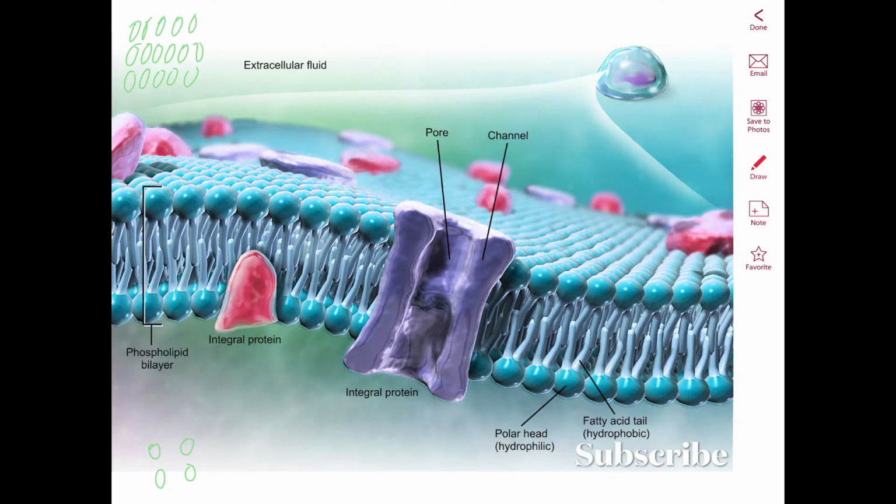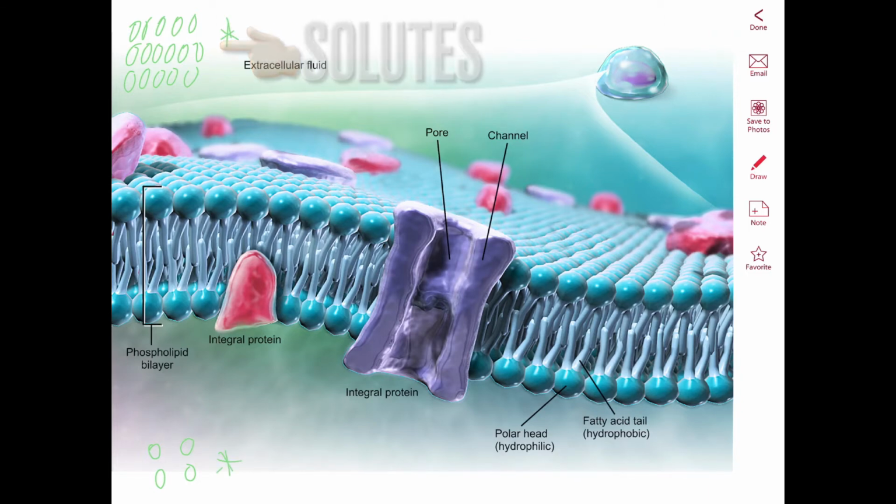This process occurs when a solute, in this case I have drawn here some examples of solutes, moves from an area of high concentration, like in this case at the top, to an area of low concentration, or down its concentration gradient. This is what diffusion means.